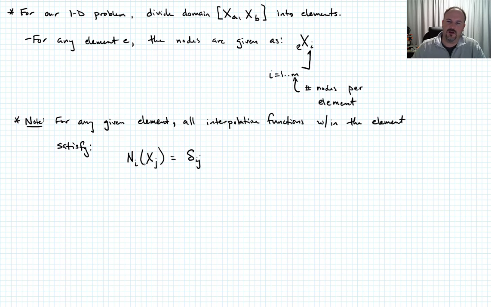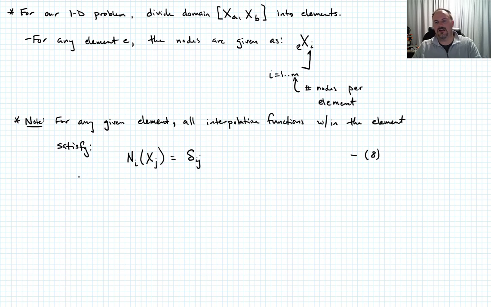So the only time that this quantity will give me a non-zero value is when i and j are equal. Just an aside. Okay, call that equation 8.